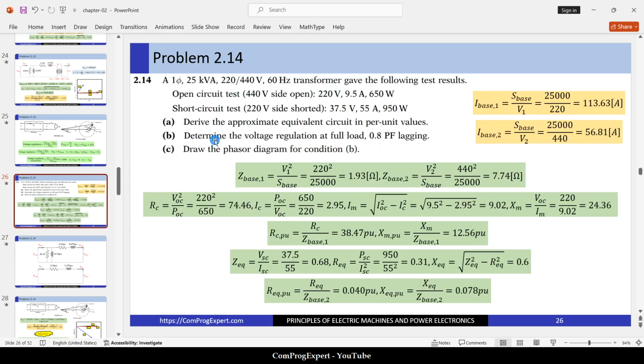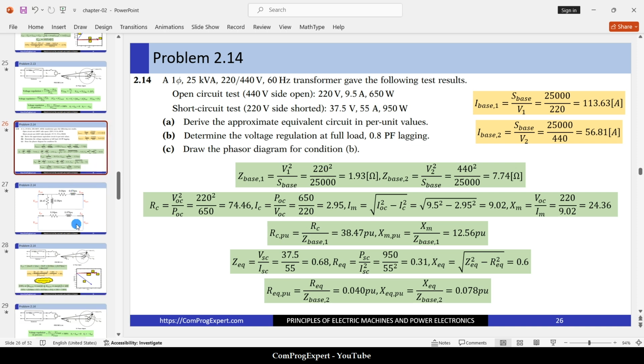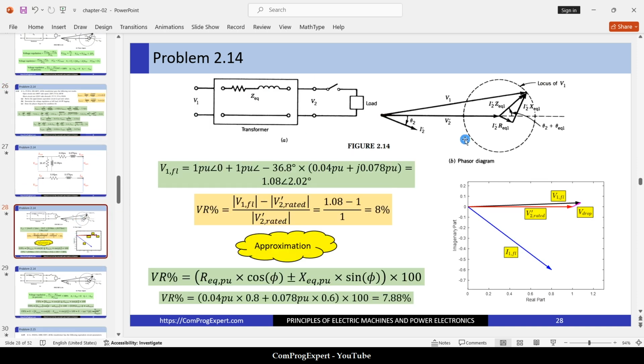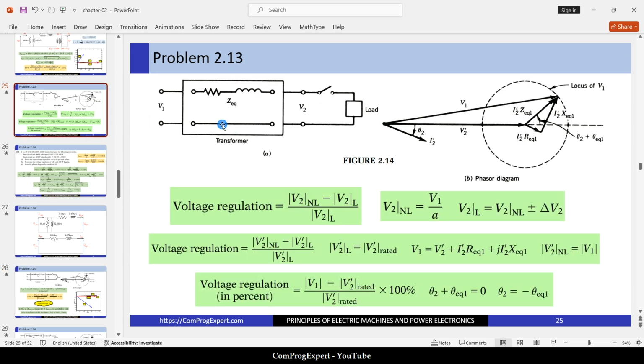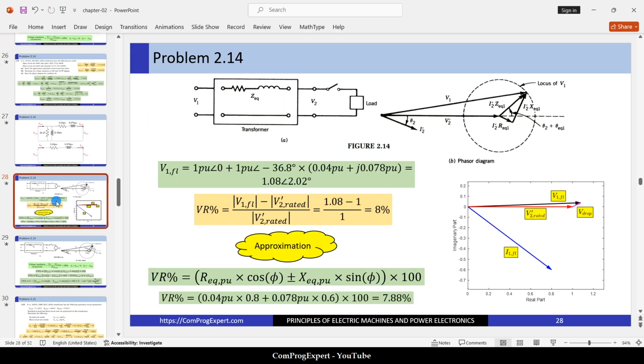B, determine the voltage regulation at full load, 0.8 power factor lagging. So here we have this equation for calculation of the V1 for the full load case. We calculated the voltage regulation in the previous problem, and in this case we are going to calculate the voltage regulation using per unit numbers, right?